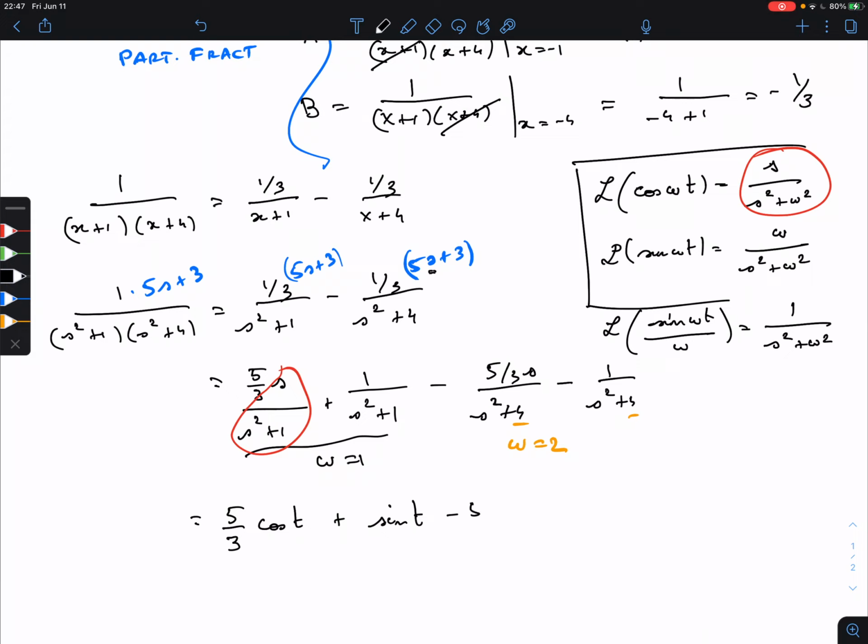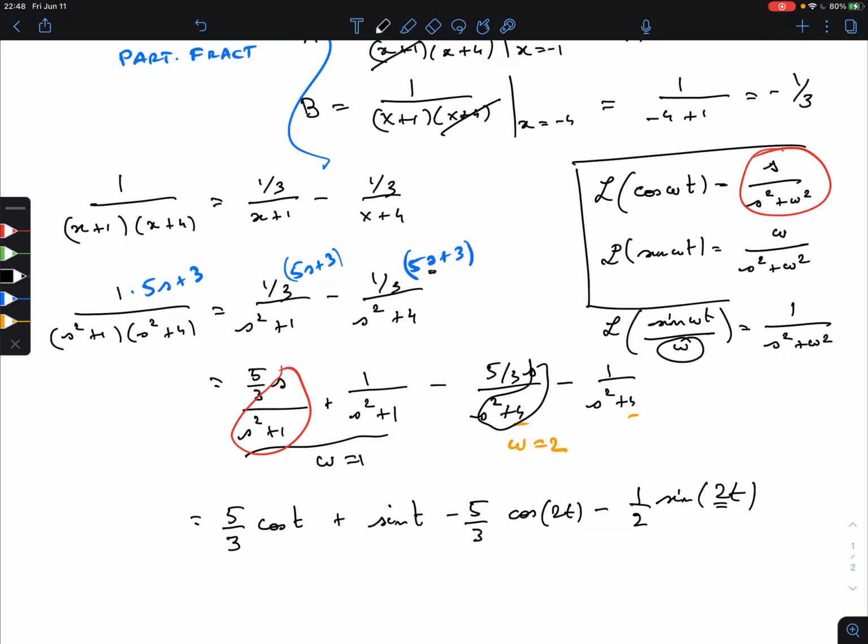So we get minus 5/3, 1 over omega, 1/2, times, oh no, this is the cosine, sorry. The cosine you don't have to divide, there is no omega. Sorry, that's the next step. So here we have just this s over s squared plus 4, that is cosine 2t. And then we have minus this omega, so minus 1/2 sine 2t. 2 is again the omega.